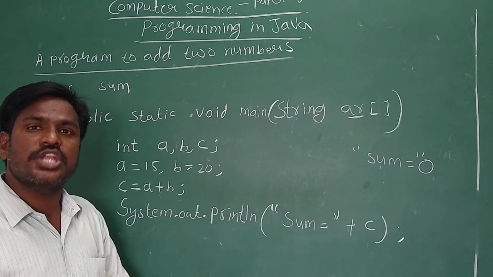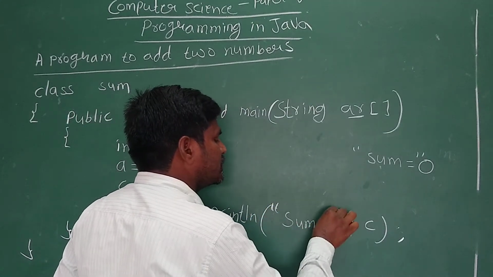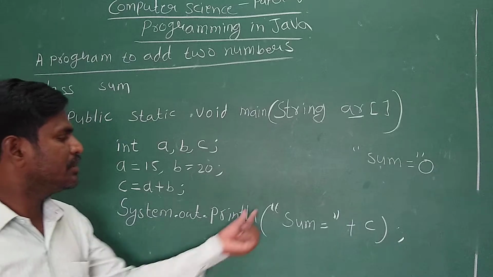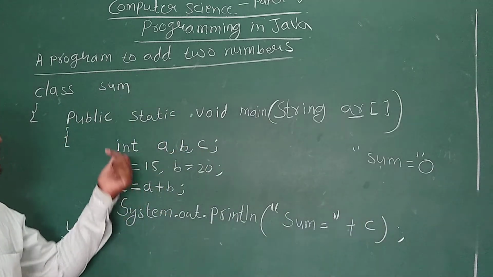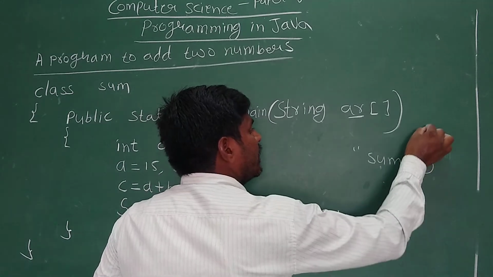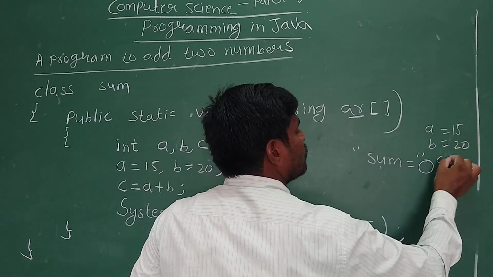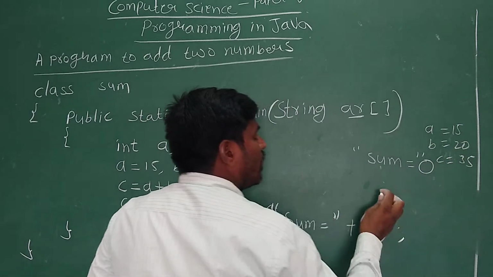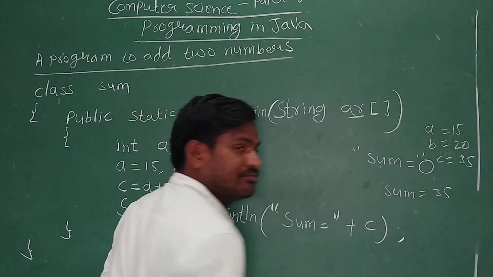Those string values are in inverted commas; double quotation means it is a string. But what is C here? C is the integer data type. So for example, A is 15, B is 20, then C is equal to 35. So what will display? Sum equal to 35.